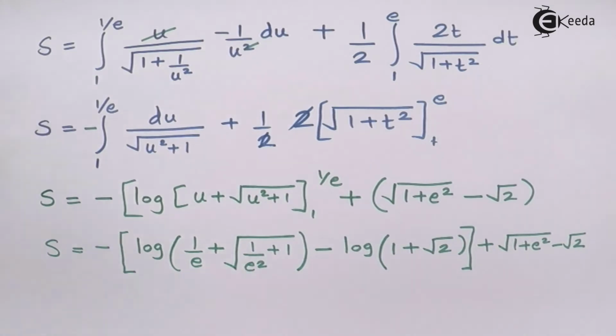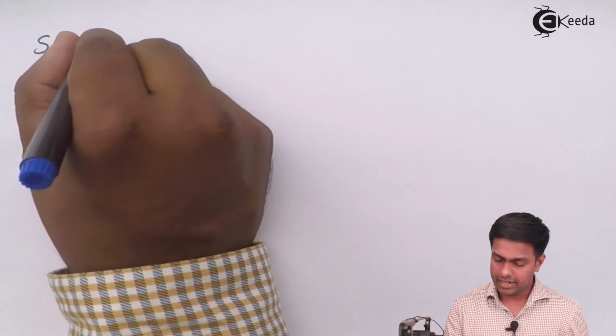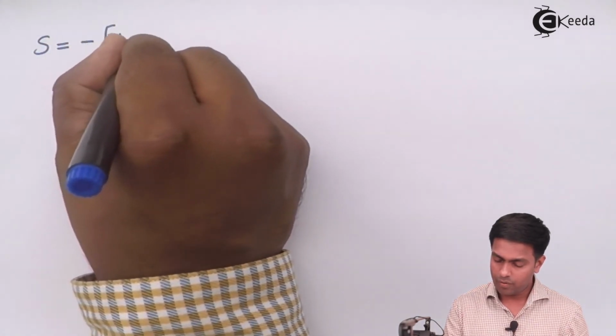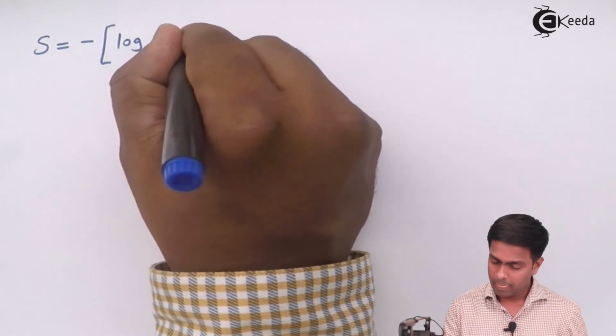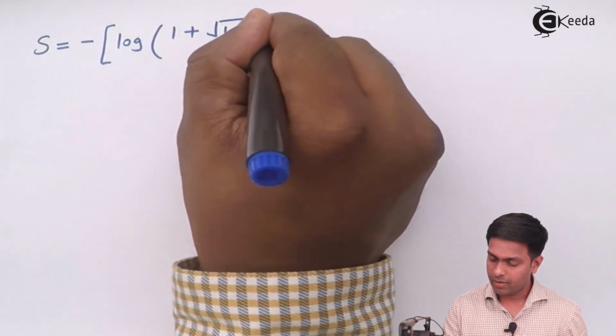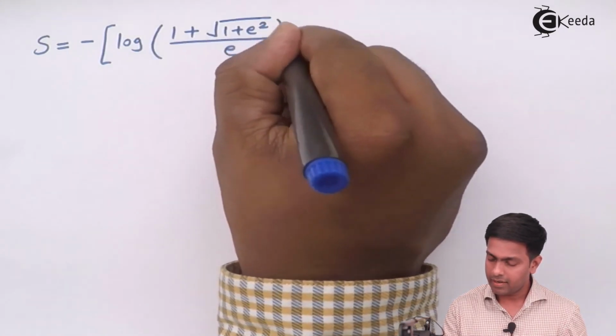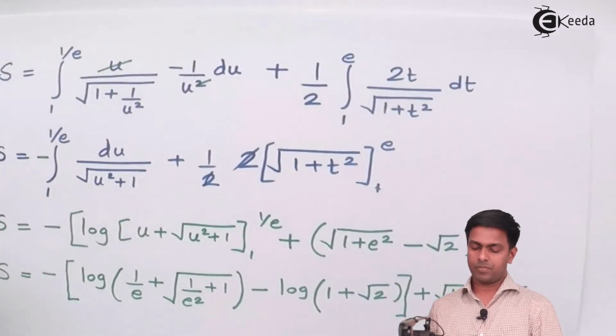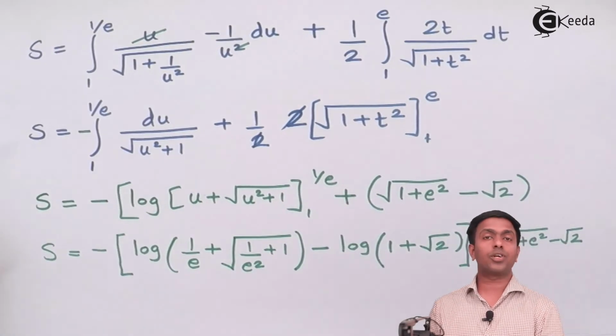So here we'll get S as negative log of 1 plus under root 1 plus e square upon e minus this term as it is, and the remaining 2 terms as it is.